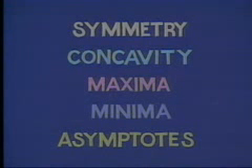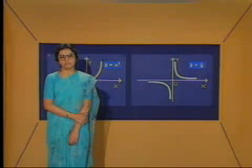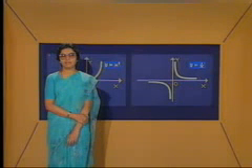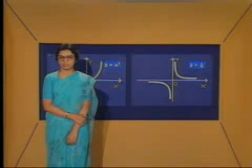Till now, we have discussed various features of curves. We have talked about the symmetry of curves, their concavity, points of maxima and minima, and also the asymptotes of some curves. Side by side, we have also seen how to infer about these features when we don't have the graph in front of us, but only have the equation. These considerations are also very useful when we want to draw a curve given by an equation.